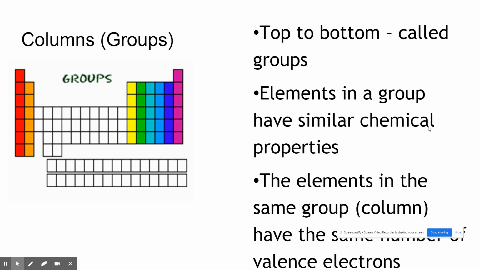Columns, or groups, on our periodic table go from top to bottom. Elements in a group have similar chemical properties. You can pull that up by looking at the corners of your cards. Notice here, the groups are designated by similar colors. Elements in the same group, or the same column, have something that is referred to as the same number of valence electrons.